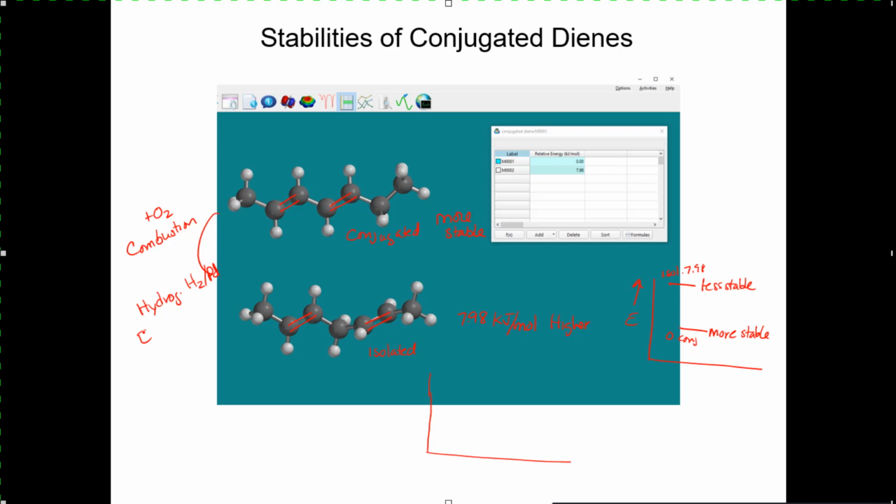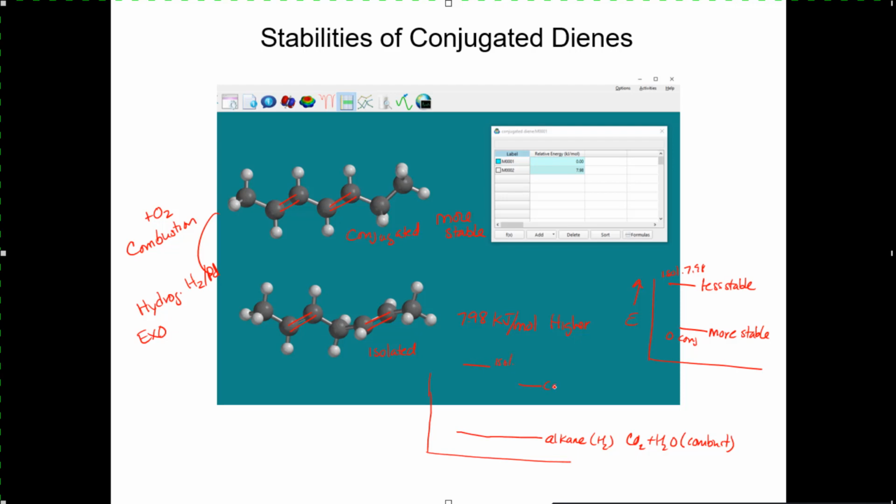If we do either one of these reactions, they are both exothermic, which means going from the reactants to the products lowers the energy. In the case of hydrogenation, they will form the same alkane, and in the combustion reaction, they will form the same numbers of carbon dioxide and water. That sets a baseline where both reactions form the same product.